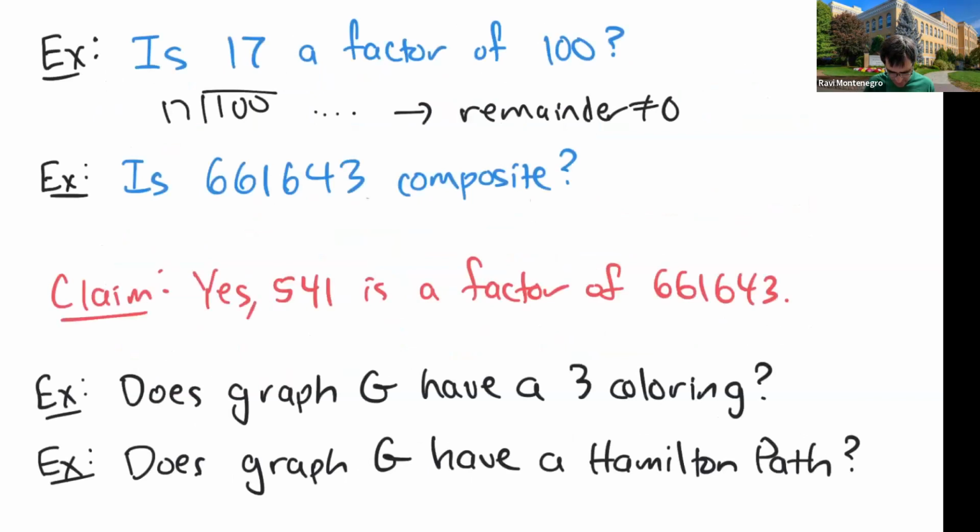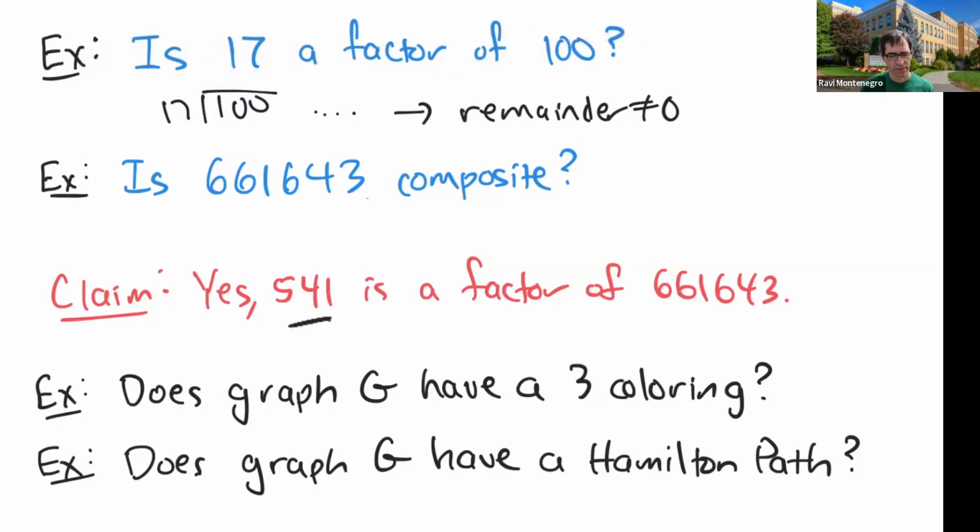Well, I'm going to tell you that 541 is a factor. Don't need to know how I found it, but we know from the top here that if somebody gives you a factor, you can just do long division and check that it works.